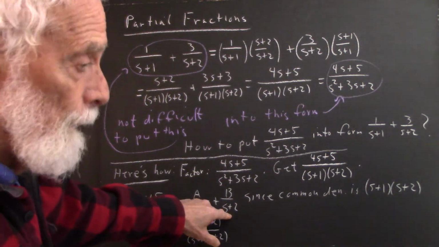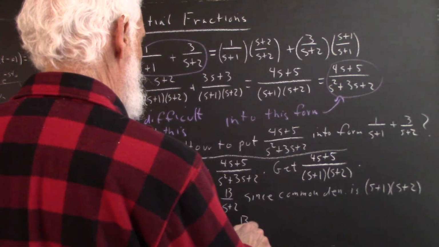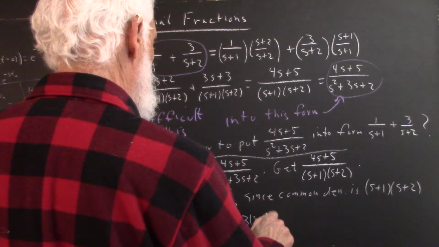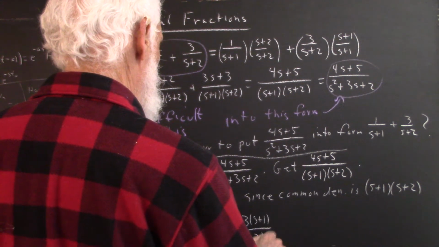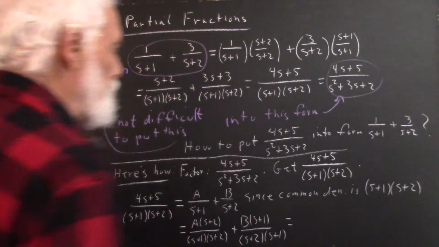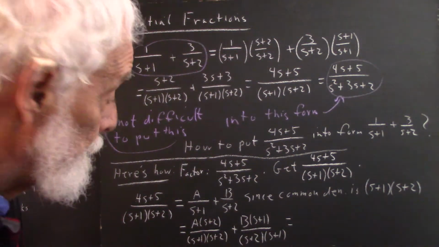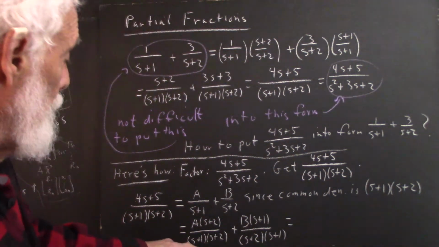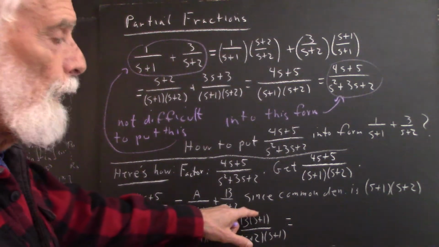And then here we multiply numerator and denominator by s plus 1. And this equals, well, we have a common denominator, so we can just multiply out the numerators.